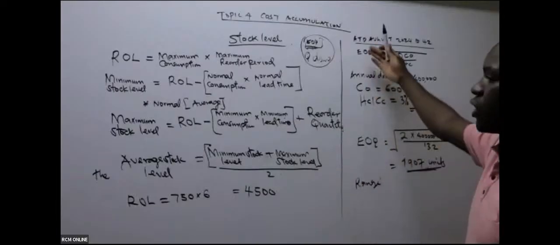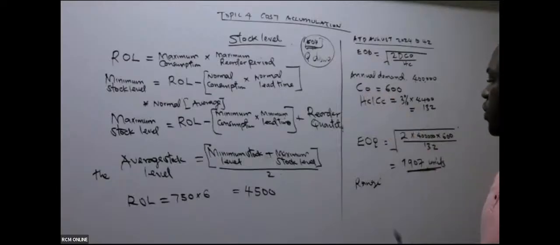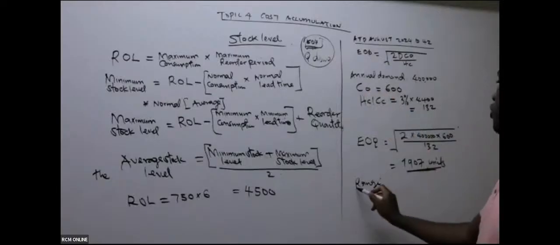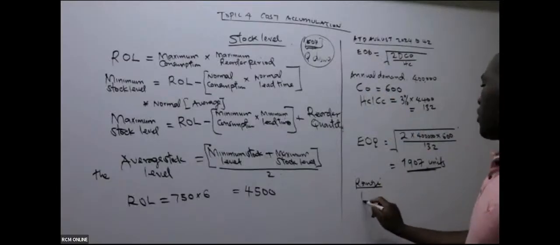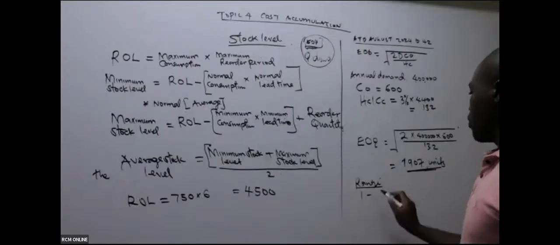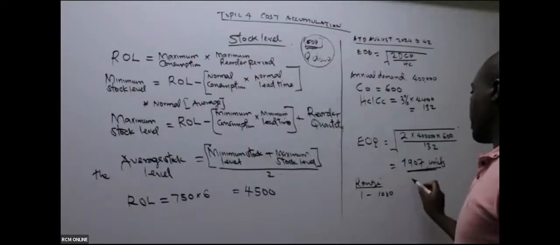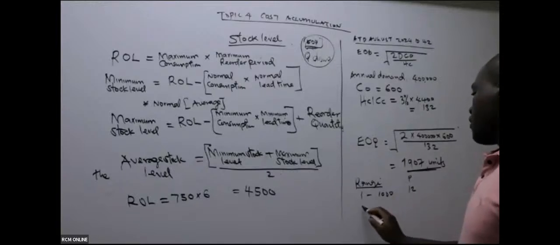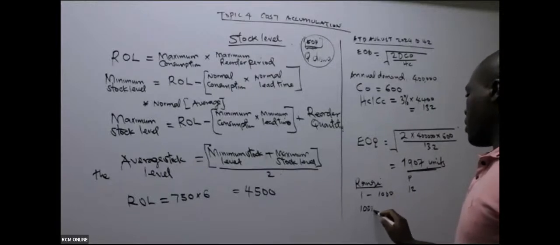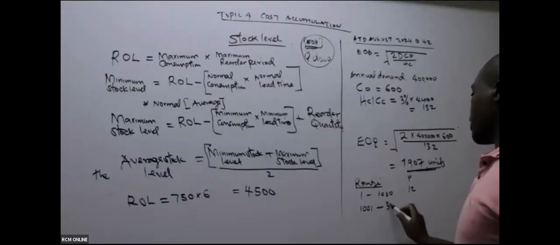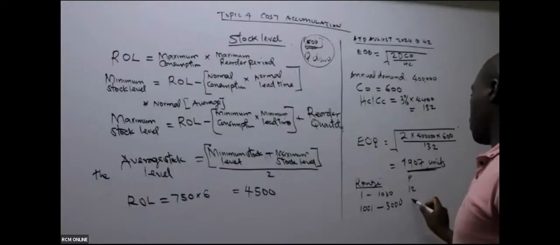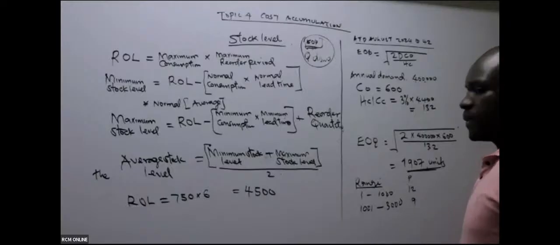Now that you know what economic order quantity is all about, within this range you'll be told, if you order 1 to 1,000 units, you'll be given a purchase price of 12 shillings. If you increase the quantity from 1,001 to 3,000, then this purchase price will drop maybe to 9 shillings.